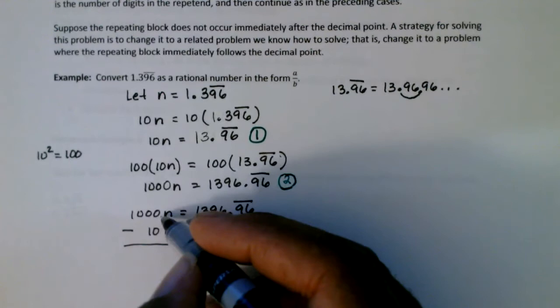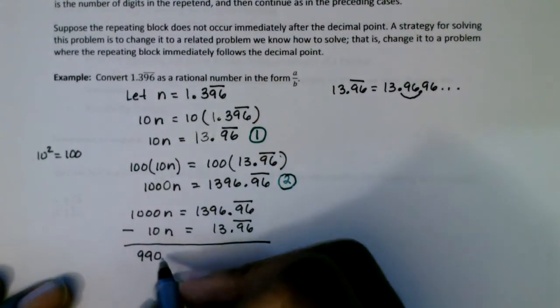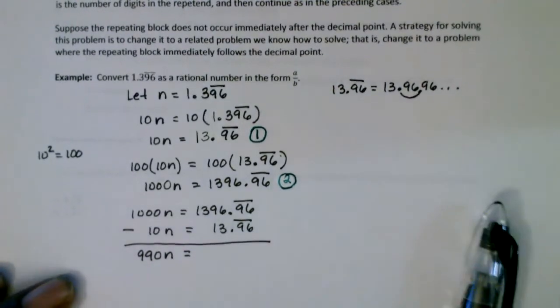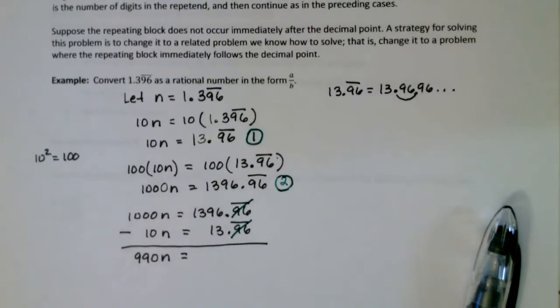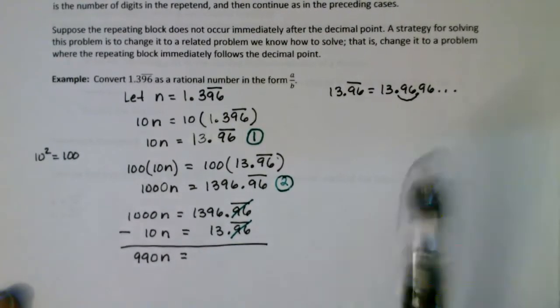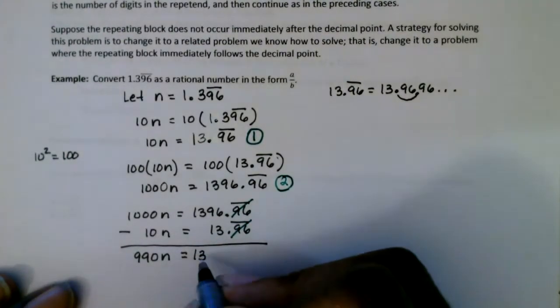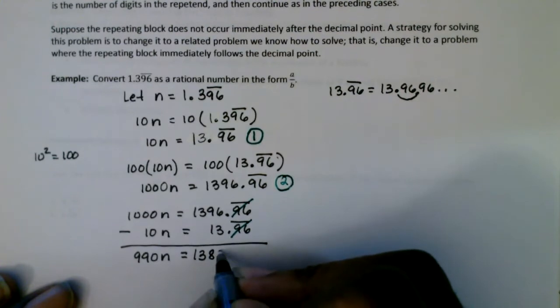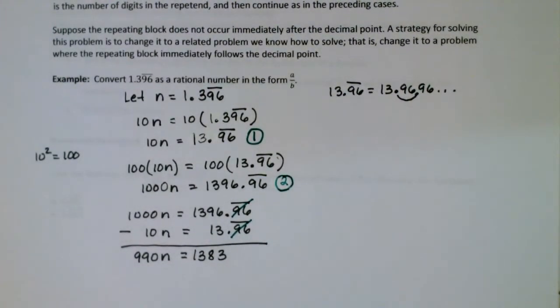So 1,000n minus 10n, that's 990n, and that's equal to, the repeating part is gone. If I subtract 13 from 1396, this will be 1383. So 990n is equal to 1383.